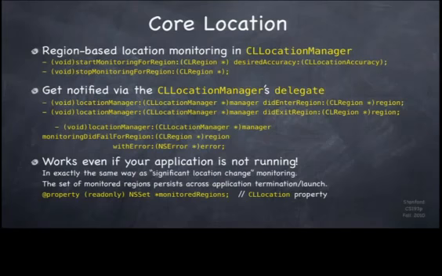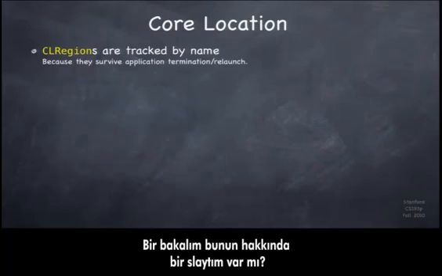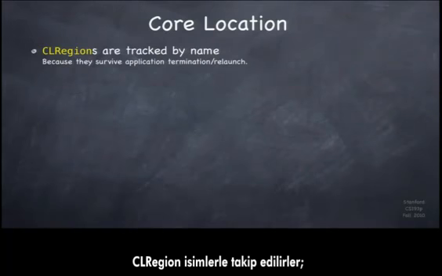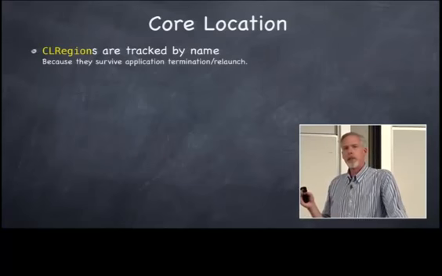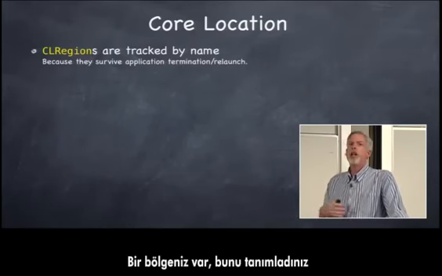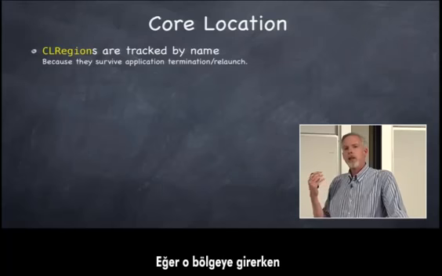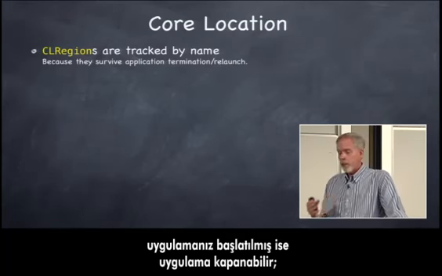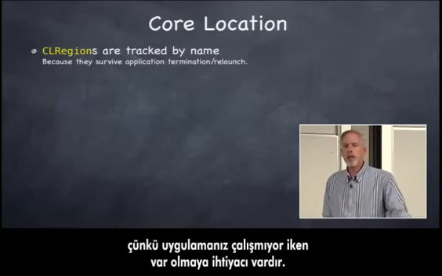Question: what defines a region? Let's see if I have a slide on that. Oh, yes I do. CLRegions are tracked by name because they persist, obviously. You have a region, you define it, and your application might quit. If your application is going to get launched when you go into that region, the region needs to exist when your application is not running.